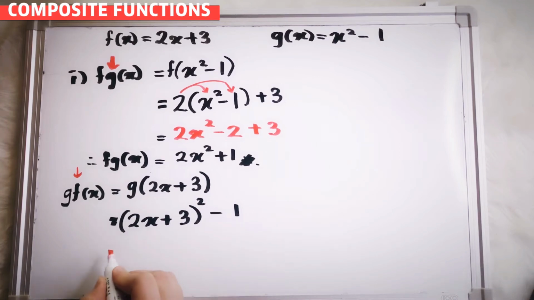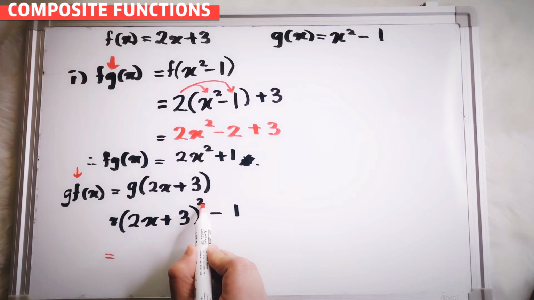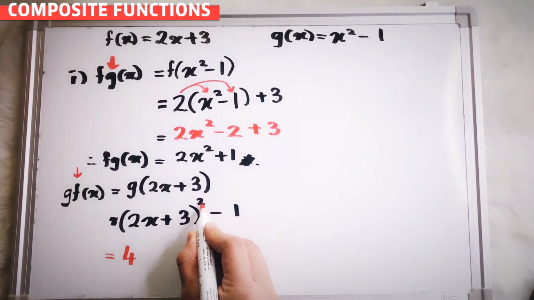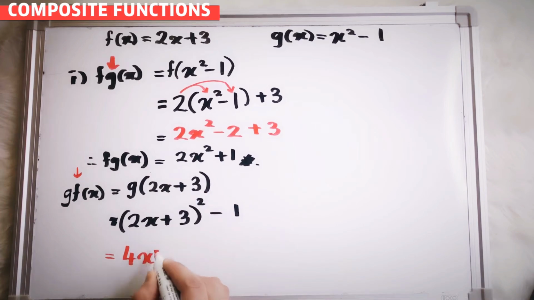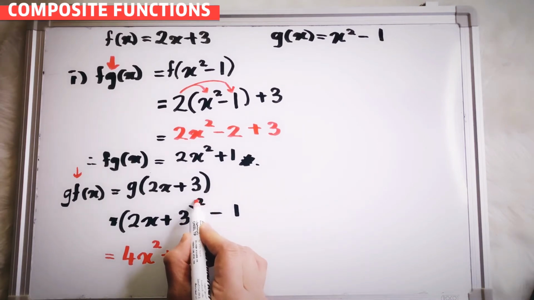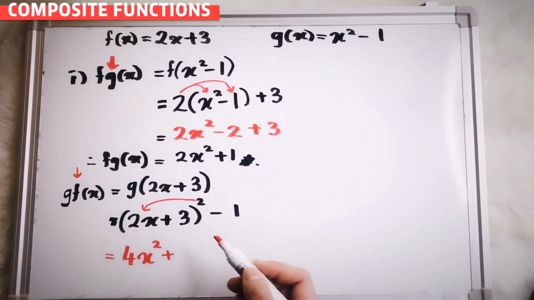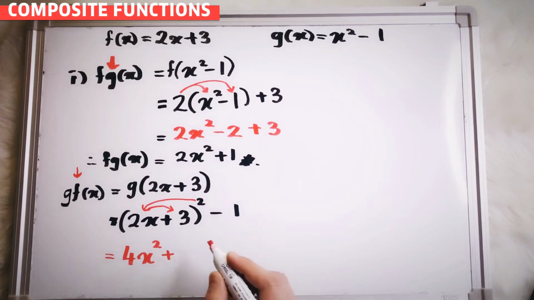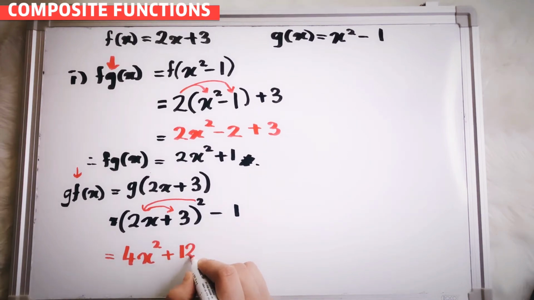Now I want to expand this one. First step, 2 to the power of 2 means 4, so 4x squared. In the middle, you multiply 2 times 2x, you get 4x, and 4x multiplied with plus 3 gives 12x.